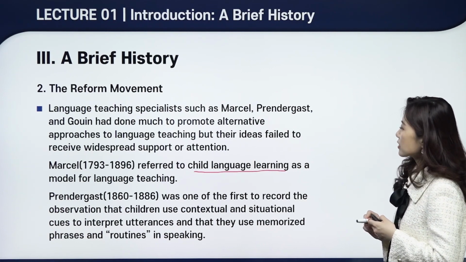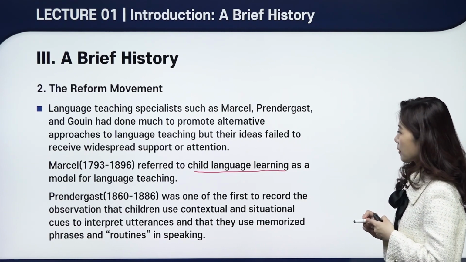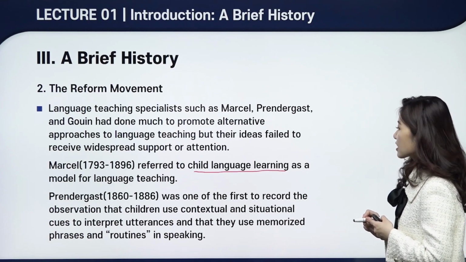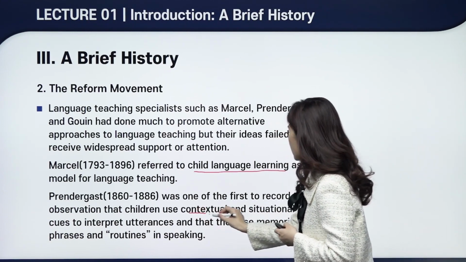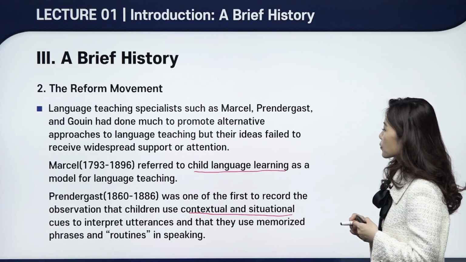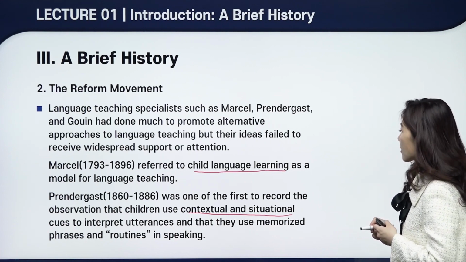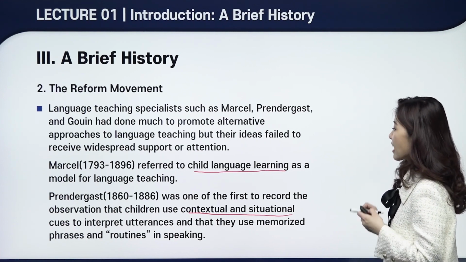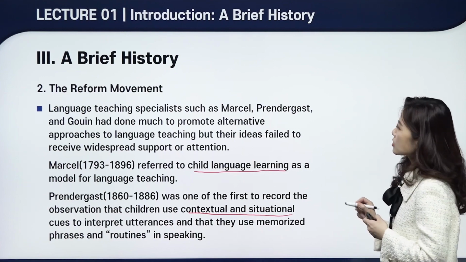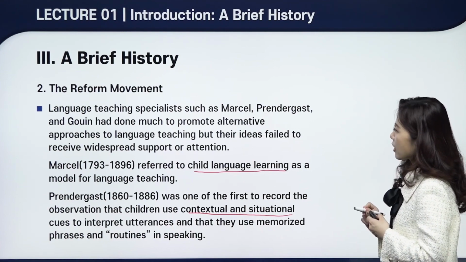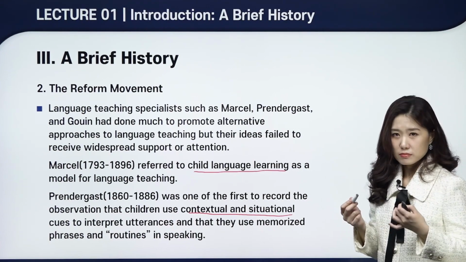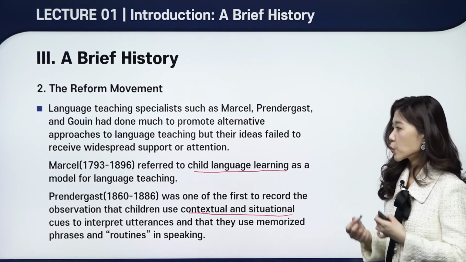Prendergast, on the other hand, was one of the first to record the observation that children use contextual and situational cues to interpret utterances, and that they use memorized phrases and routines in speaking. So both turn to how a child typically learns a language.